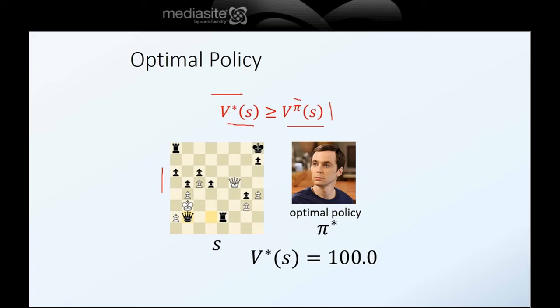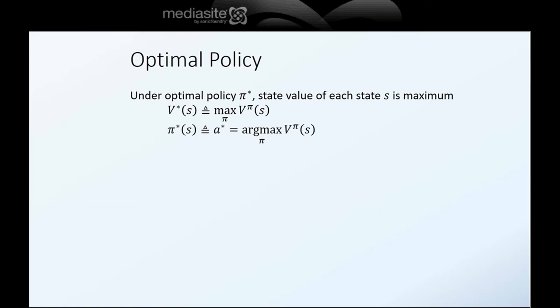V star S, the optimal value, is always the highest possible value of the state. So in other words, under optimal policy pi star, the state value of each state is maximum. V star S is max over pi of V pi S for every possible state.